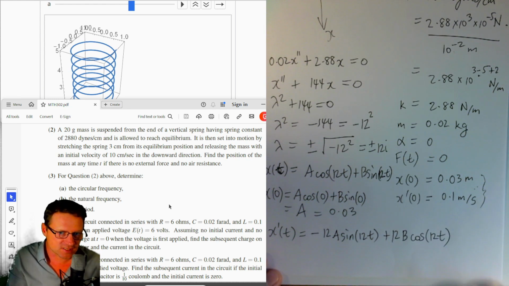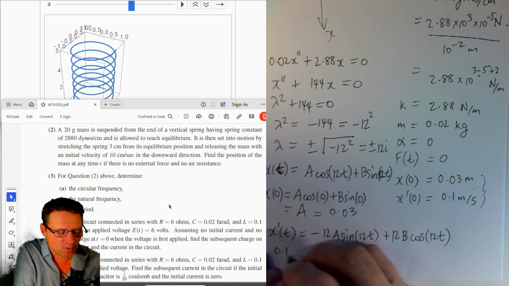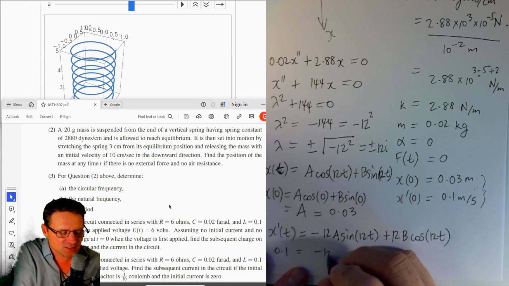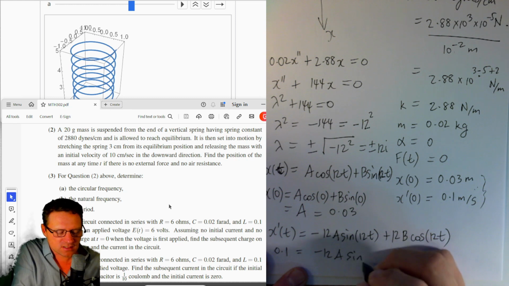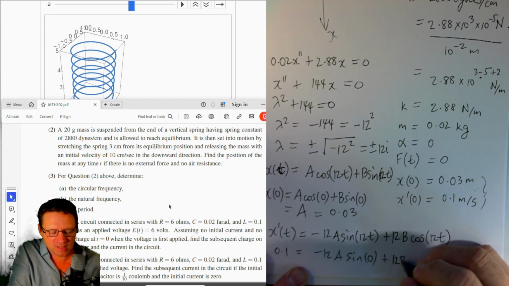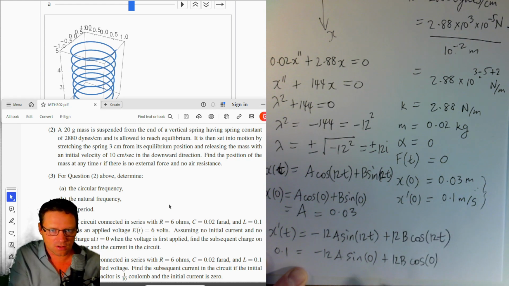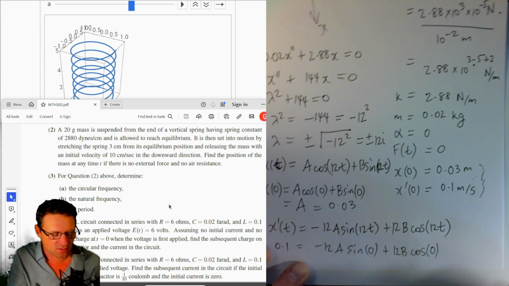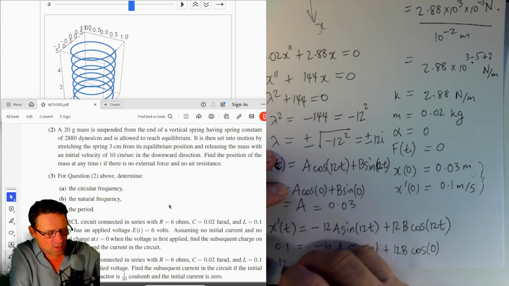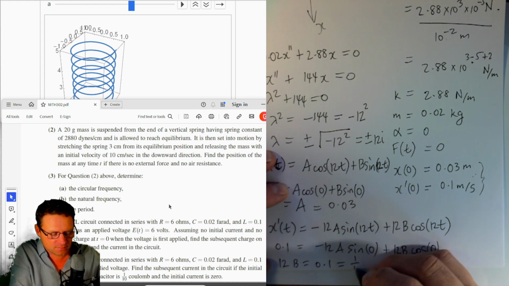Okay, let's substitute t equals 0 in here. So when we do that, we have 0.1 equal to minus 12a sine of 0 plus 12b cos of 0. Sine of 0 is 0, cos of 0 is 1. So this gives us 12b is equal to 0.1, which is 1/10.